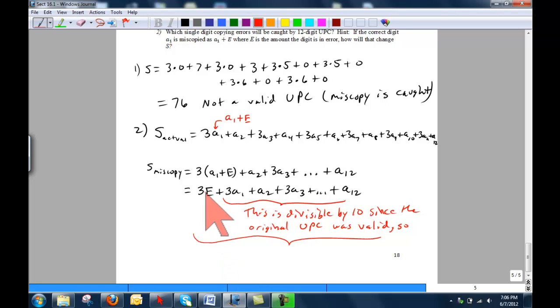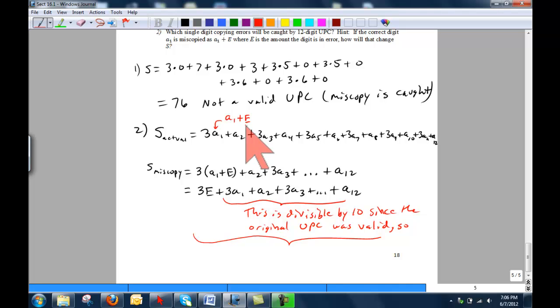Well, what can E be? E is the difference between the actual digit and the one I copied. And so, for example, the actual digit could have been as small as a 0, and I could have copied as large as a 9. In that case, the error or difference would be 9.